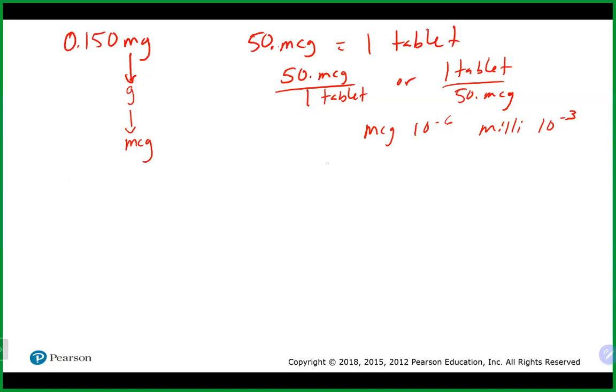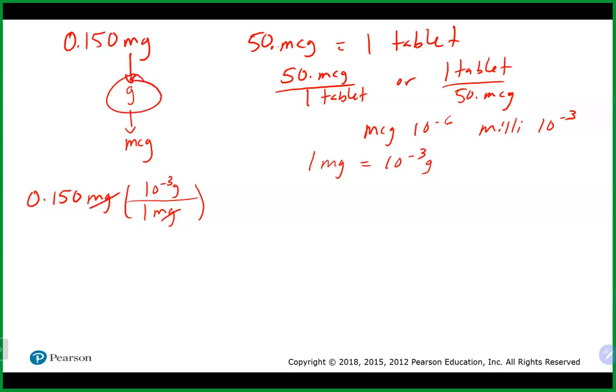So once again, this would mean that in 1 milligram, there is 10 to the -3 grams. And if we do that as our conversion first, 0.150 milligrams, 1 milligram to 10 to the -3 grams. Our milligrams will cancel. We have now taken it back to the base unit.